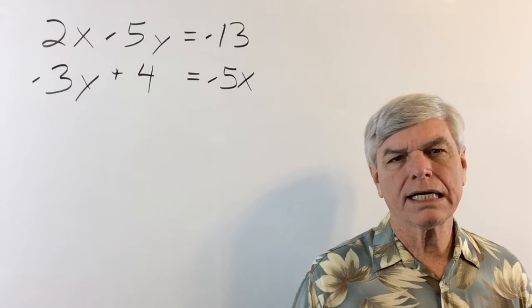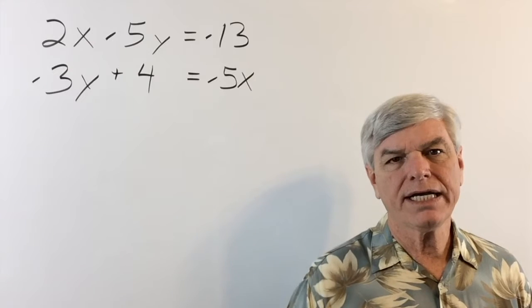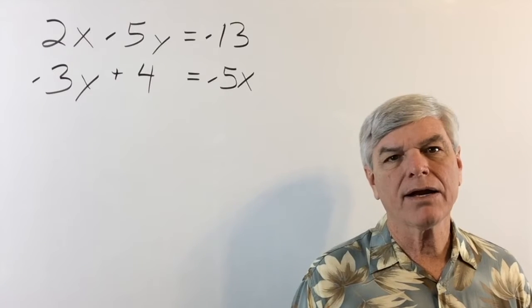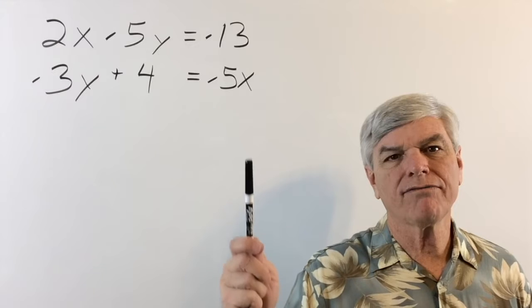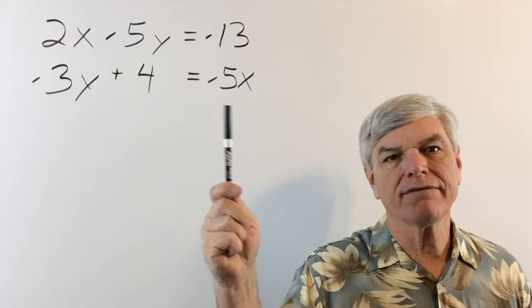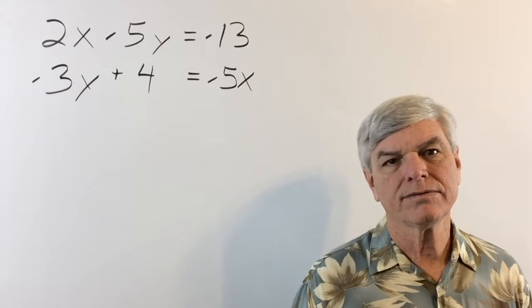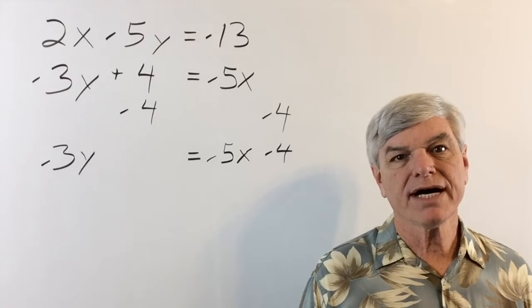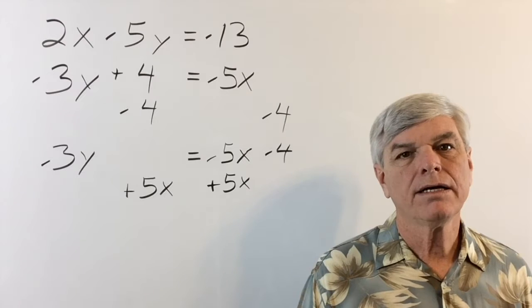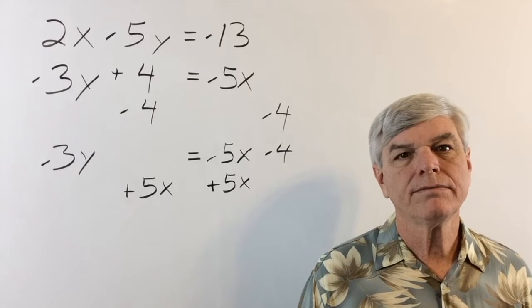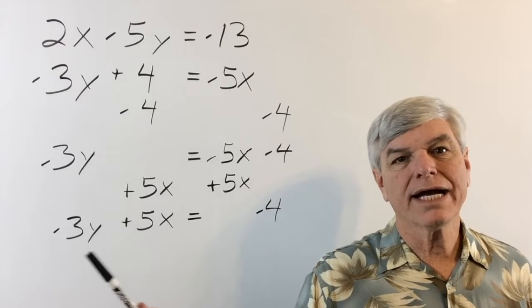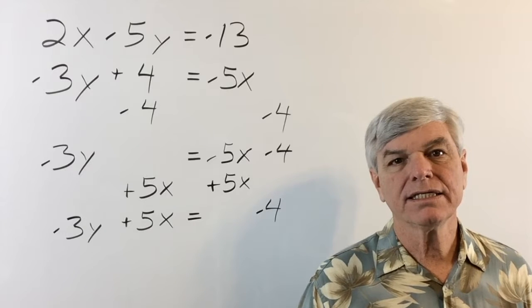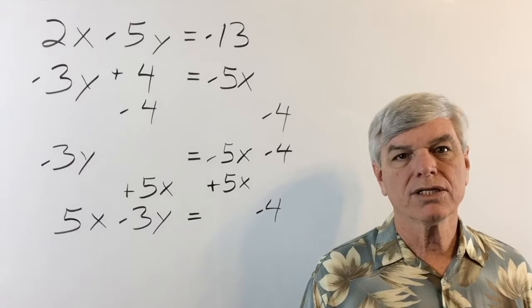So we're going to get our units over here, and we're going to get our 5x, our negative 5x over here. Bring all that down. Add positive 5x to the x. Bring all that down. And let's get our x and our y to trade places. Good, that's the way we want it looking.